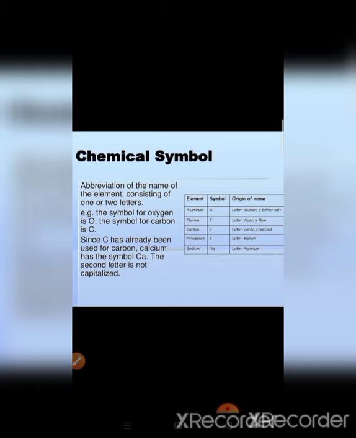These are names used in chemistry, and by these names it is known as the language of chemistry. Language means a representation of chemistry. A chemical symbol denotes in short. A shortest representation of anything is known as a symbol.